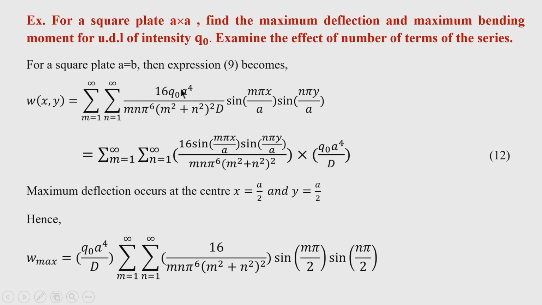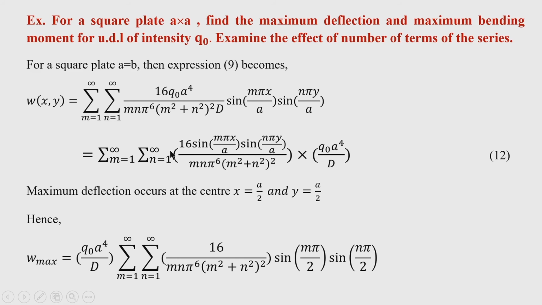So, 16 q naught a to the power 4 divided by m n pi to the power 6 into (m square plus n square) whole square into D, times sin(m pi x by a) sin(n pi y by a), where m is equal to 1 to infinity and n is equal to 1 to infinity. Of course, you should only sum with odd numbers of terms.